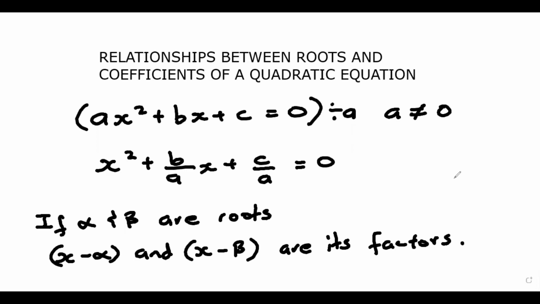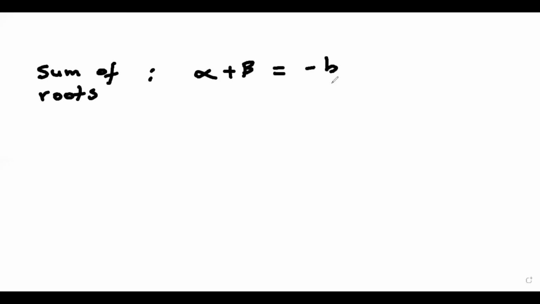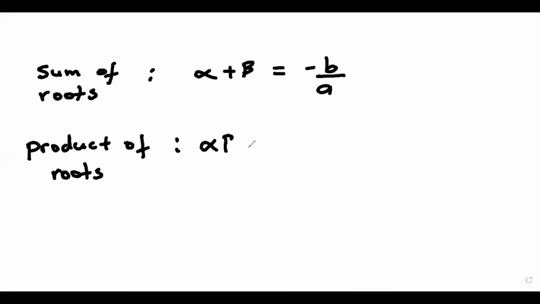Now using this, if we want to find the sum of roots, we use alpha plus beta. So this dictates the sum, and that is found by saying minus b over a. And if you want to find a product of the roots, that would be alpha times beta, which is c over a.